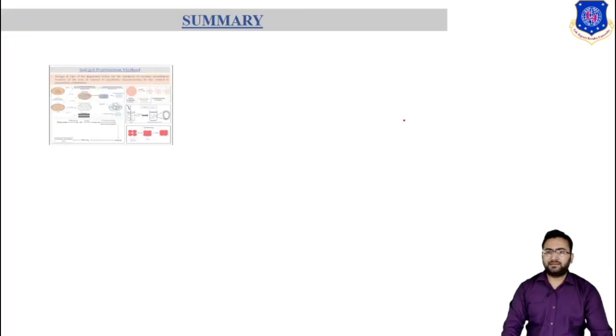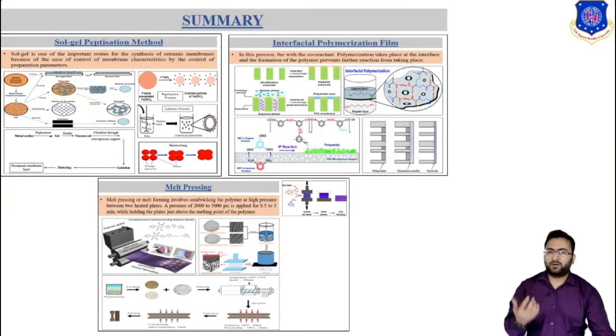Now in this lecture we discuss the sol-gel peptization method, in which we use metal oxide, and this metal oxide is converted into a sol by peptization, which means converting the particles in the solvent into charged colloid particles.